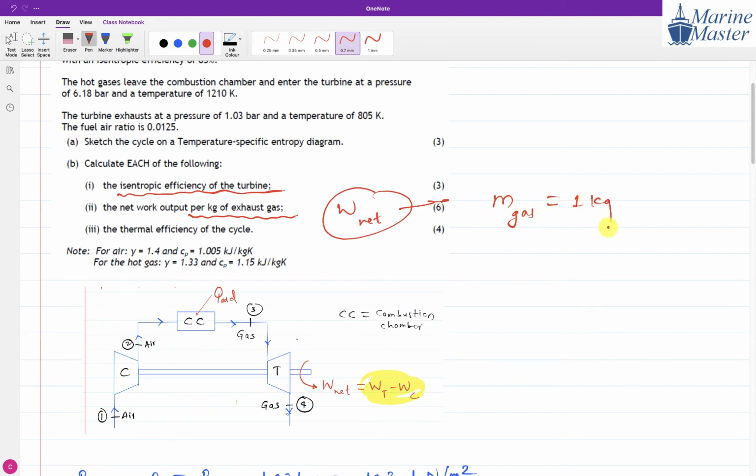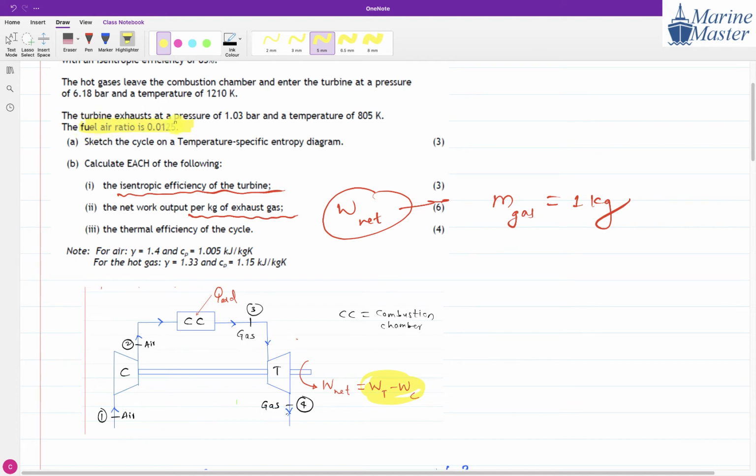So mass of gas will become 1 kg, guys. This point is very, very important. And here we can't neglect the mass of fuel. Why can't we neglect the mass of fuel here? Because they have given us the fuel air ratio. In a few questions, mass of gas and mass of air we have to take the same, and we have to neglect the mass of the fuel.